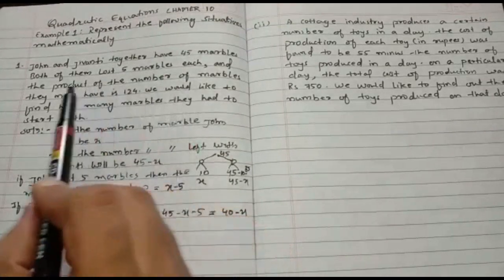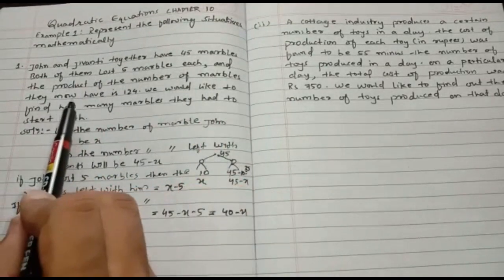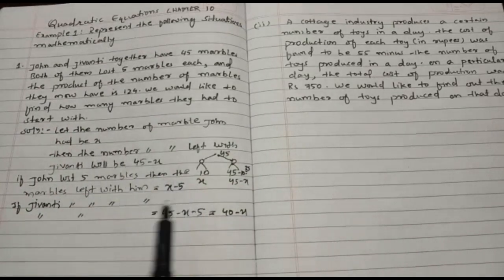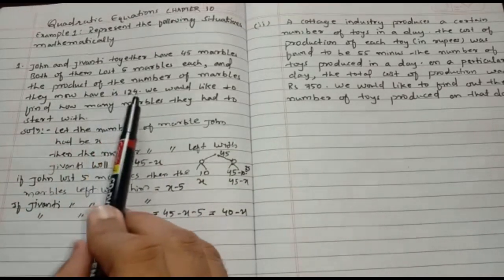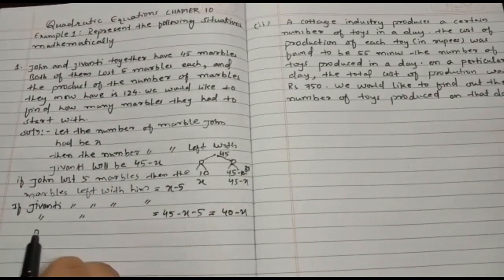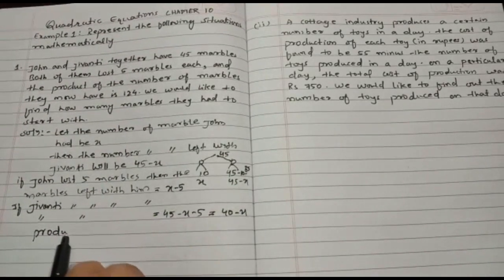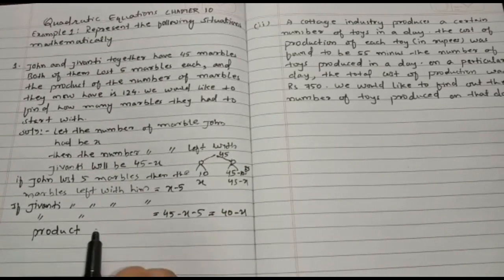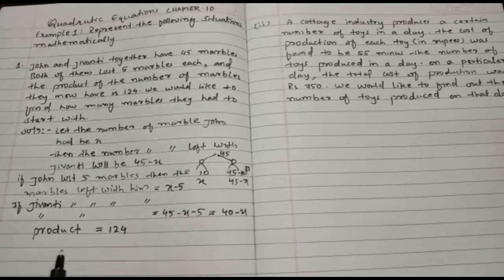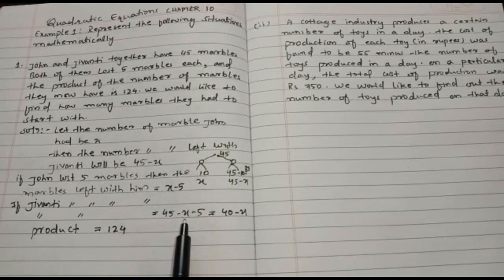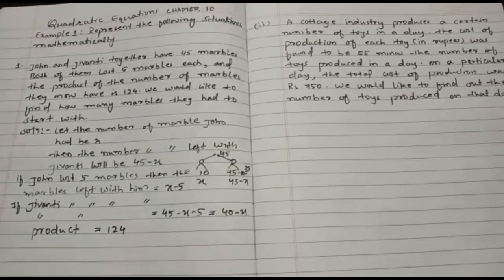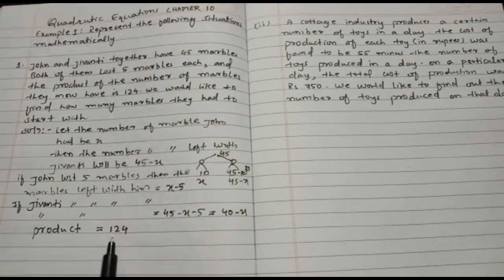Now the question says the product of the number of marbles they now have, after losing 5 marbles each, is 124. The product of the remaining marbles with John and Jeevanti is 124.